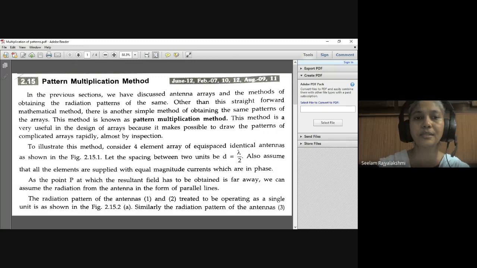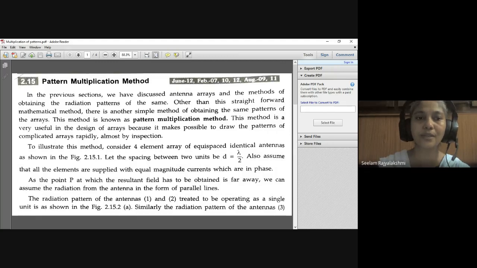To illustrate this method, we consider a four element array, or four point sources, arranged as equi-spaced identical antennas. The spacing between two units is d equals lambda by 2.